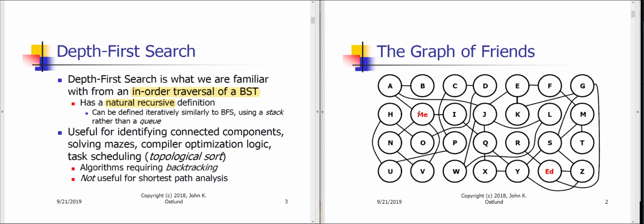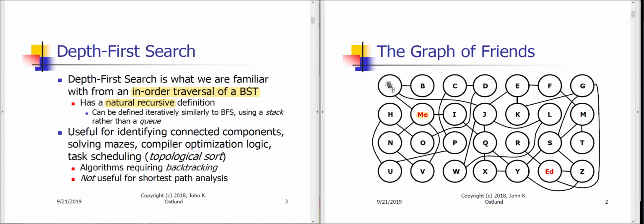So, for example, looking at our graph, again, let's imagine that I'm starting from me in order to make sure that I am systematically visiting all of my neighbors. I'm going to start from me and visit the neighbor that's earliest in the alphabet first.